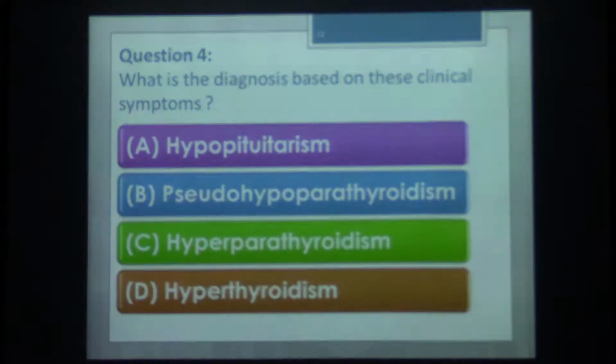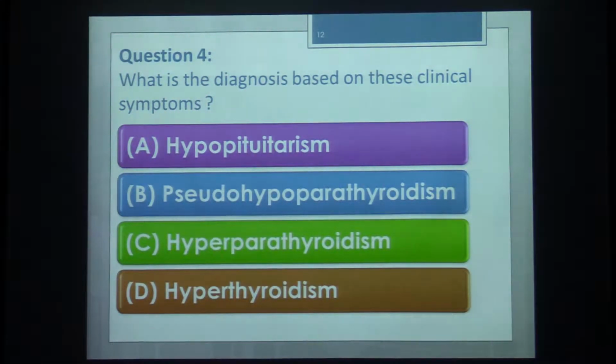So now, if we try to connect all the dots, what do you think is the likely diagnosis based on all of this information? Is it A, hypopituitarism, B, pseudo-hypoparathyroidism, C, hyperparathyroidism, or D, hyperthyroidism? C is the correct answer, and these are her lab results.